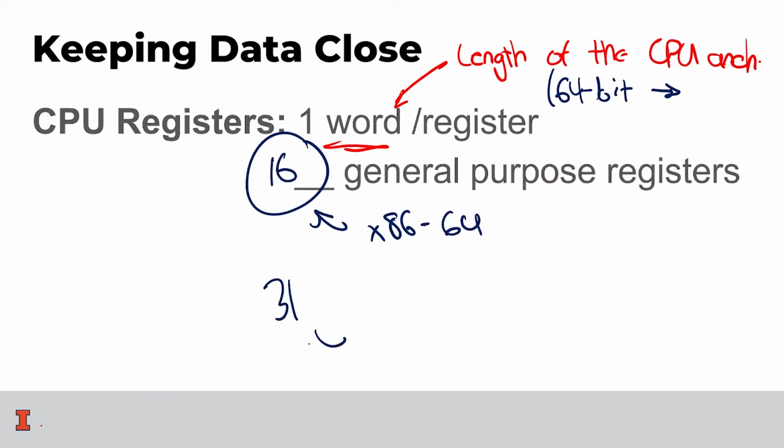There's 31 on ARM v8. So if you have an M1 chip, you actually have a few extra registers. And these are your general purpose registers. There are a few additional registers, like a program counter is a register, but we don't count those because you don't just put random data in your program counter.